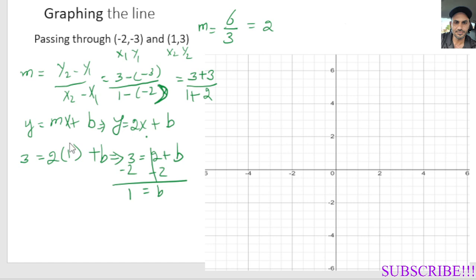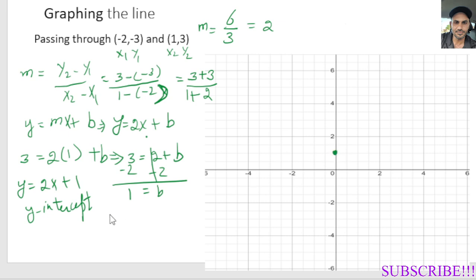So now we have the equation of the line: y equals 2x plus 1. Now b is 1, and that is your y-intercept. The y-intercept is the point where the line crosses the y-axis. So when b is 1, the line is crossing the y-axis at 1 right here. So what is this point?